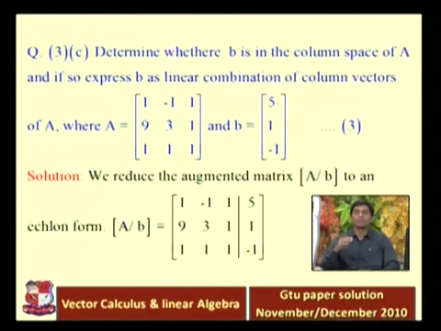I again repeat all the conditions of row echelon form. In the first row, the first non-zero element is exactly our leading entry of the first row. Below that leading entry all the elements should be 0. Now see the second row.